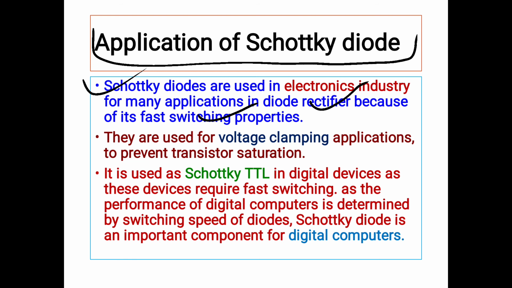They are used for voltage clamping applications to prevent transistor saturation. In the coming lectures we will be studying voltage clamping, clampers and clippers. These are applications of the diode, and in the upcoming lectures we will study the various applications of the diode in real-life scenarios in electronic systems. It is used as the Schottky TTL in digital devices, as these devices require fast switching, since the performance of a digital computer is determined by the switching speed of the diodes. So the Schottky diode is an important component of digital computers. Due to its fast switching property, it is used in digital computers for fast operation.